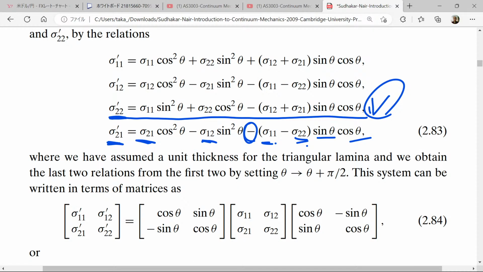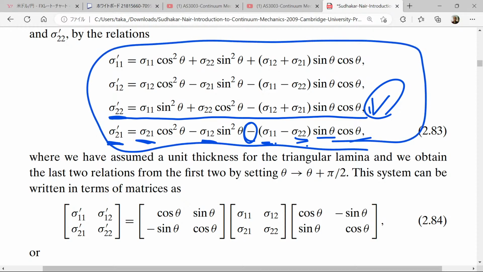So now we derived this whole four equations. We successfully derived four equations. So now we don't have to worry about this rotation. Then this system can be written in terms of matrices.